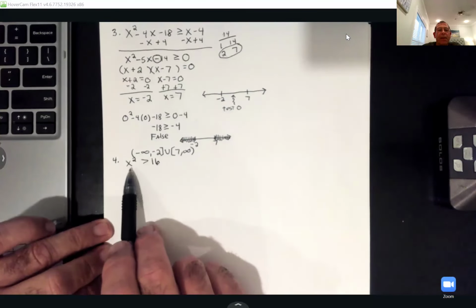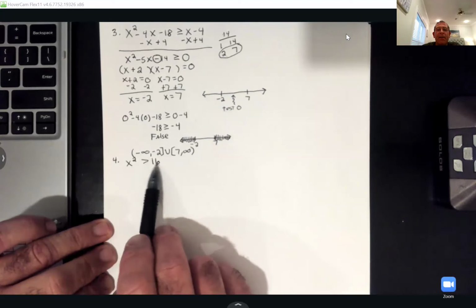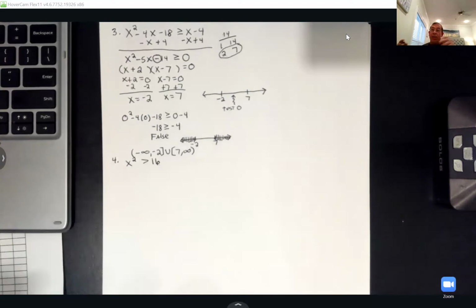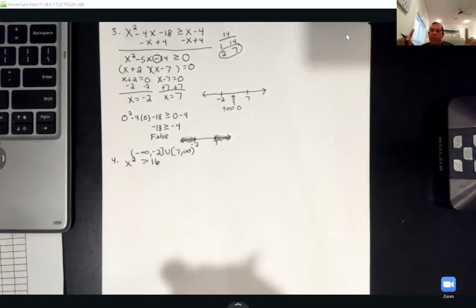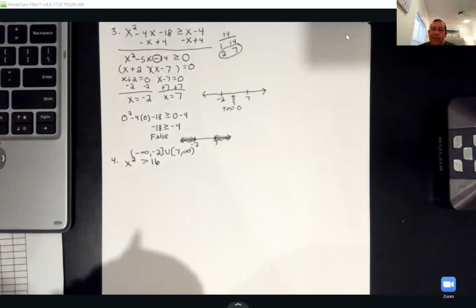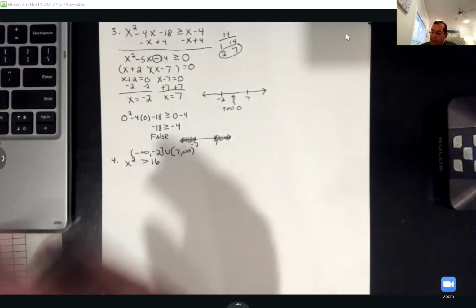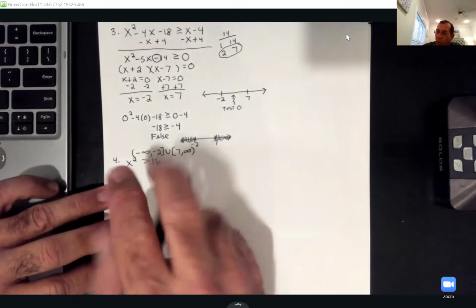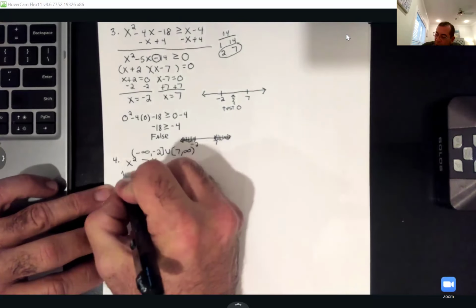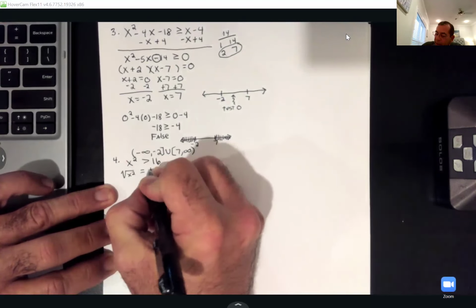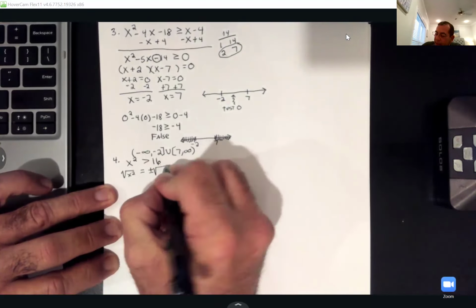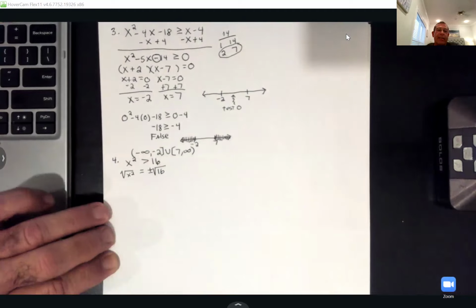But really, there's one move to do this one, and we could be done. Because I got an x squared equal to a number, the only move I need to do is a square root of this. So we could do the square root of x squared equals the plus or minus square root of 16.